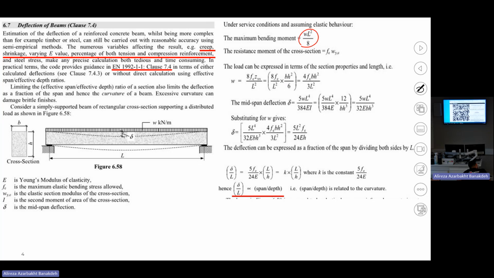Sorry, this is the maximum bending moment at the middle of the beam. At the middle of the beam is the maximum bending moment. The maximum deformation is at the middle of the beam as well. If you calculate the deformation, it will be this one.